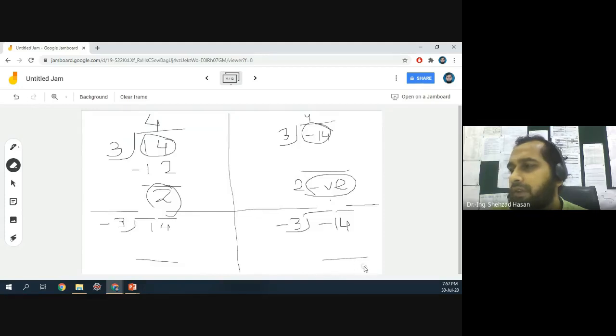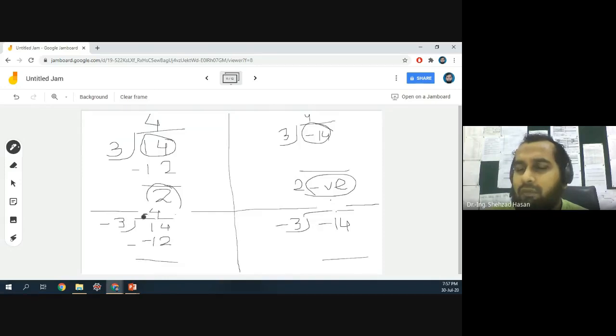Let's do this. If I go with say something like 4, so 3 into 4 would be -12, right? But I have to do a subtraction as well, so that would become positive, and this positive would be the highest answer. So I'm going to go for -4 in this case.